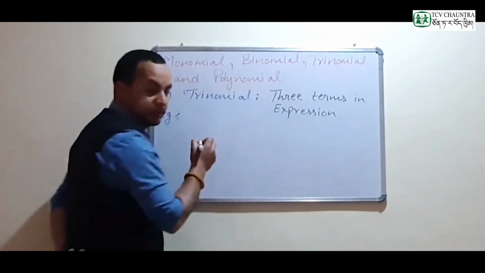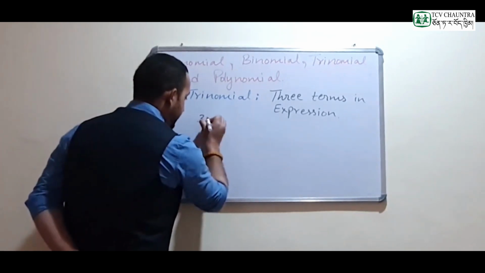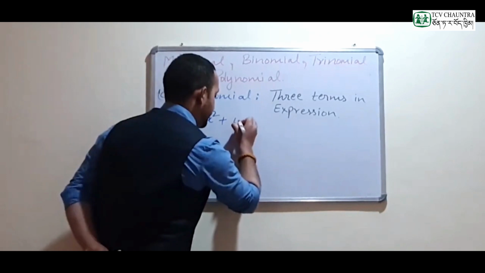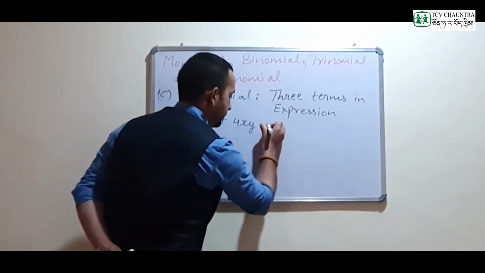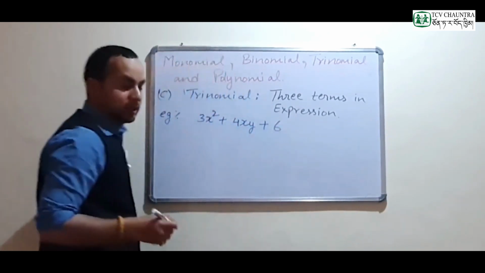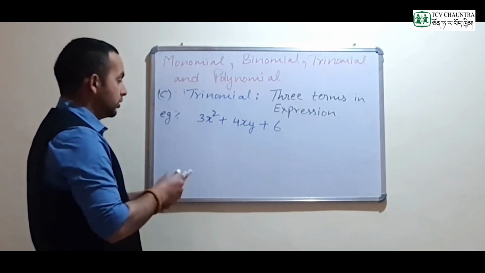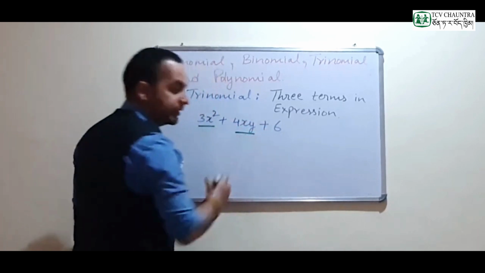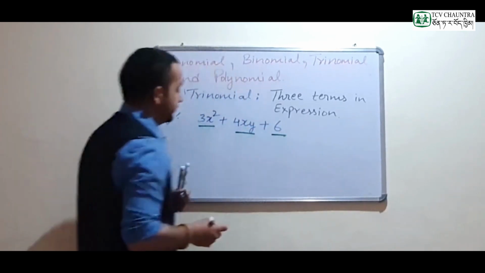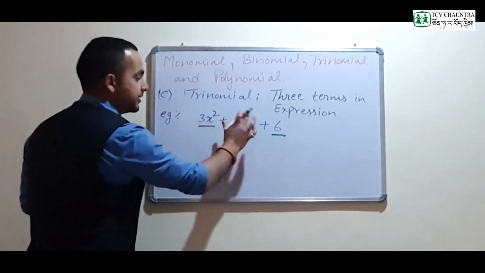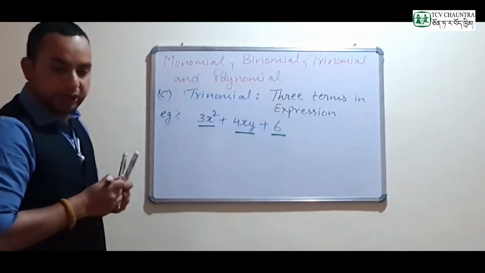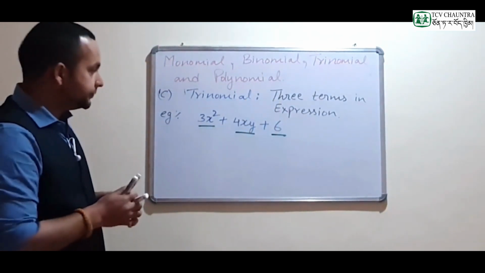For example, 3x square plus 4xy plus 6. So 3x square is one term, 4xy is another term, and 6 is another term. So we have one term plus second term plus third term. So three terms in expression is known as trinomial.